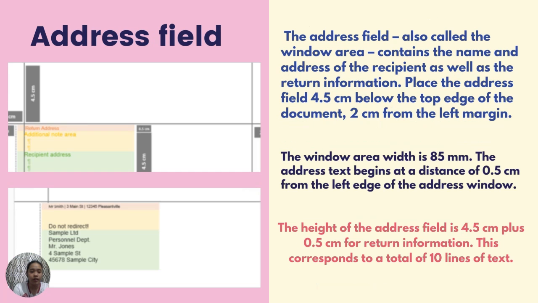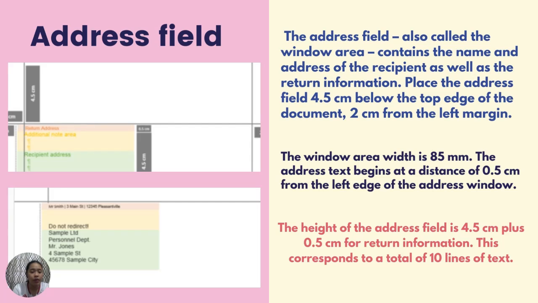So next we have the address field. The address field is also called the window area, which contains the name and address of the recipient, as well as the return information. We should place the address field 4.5 centimeters below the top edge of the document and 2 centimeters from the left margin.